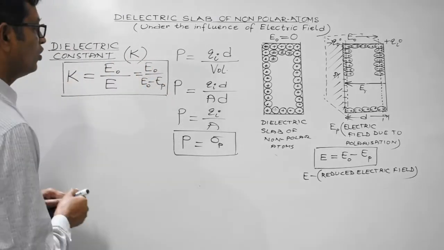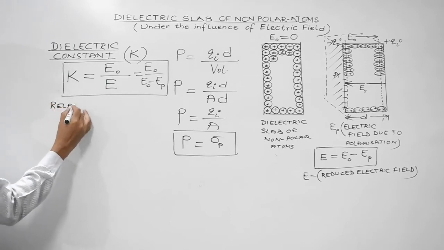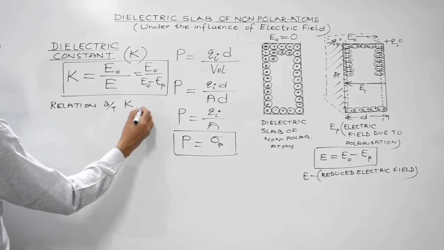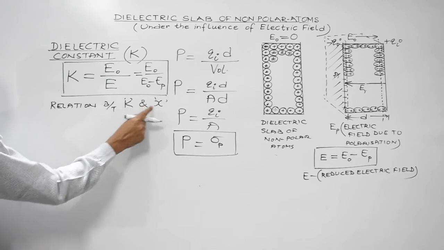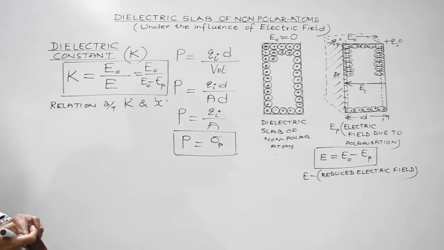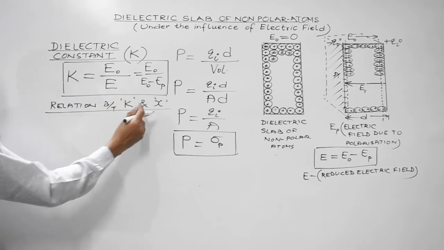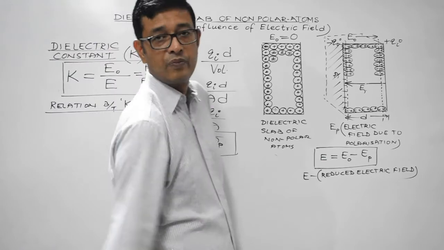Now let's find out the relationship between K and chi. This is the dielectric constant and this is the electric susceptibility. So let's find out the relation between dielectric constant and electric susceptibility. We'll begin with this step.